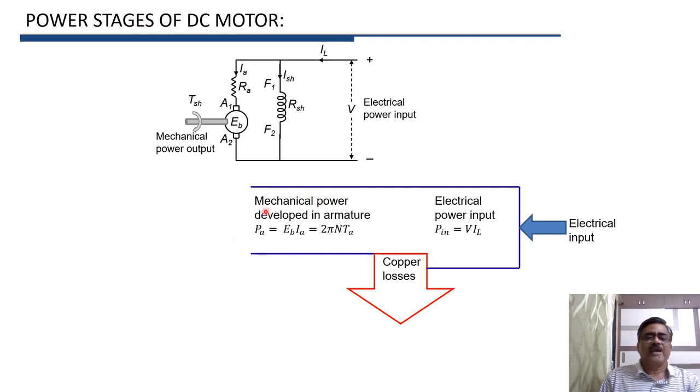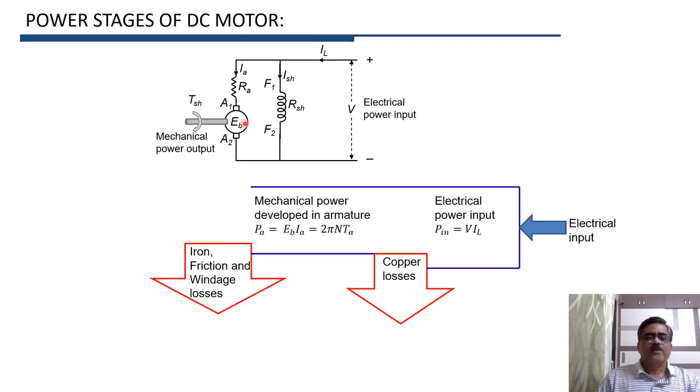Now, the mechanical power developed in armature, all the power is not available at shaft, because again some power is wasted as losses. Now these are the rotational losses and iron loss in armature core. So out of the power developed in armature, that is EBIA, again the power is wasted in the form of iron, friction and windage losses, and remaining power is available at output.